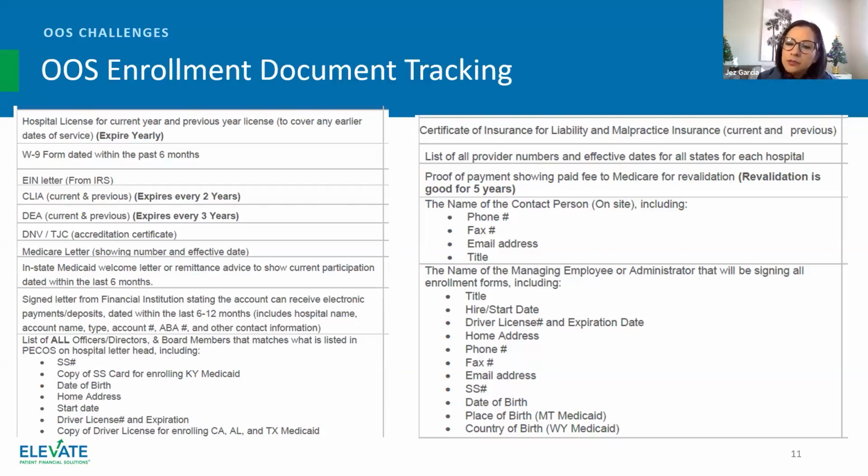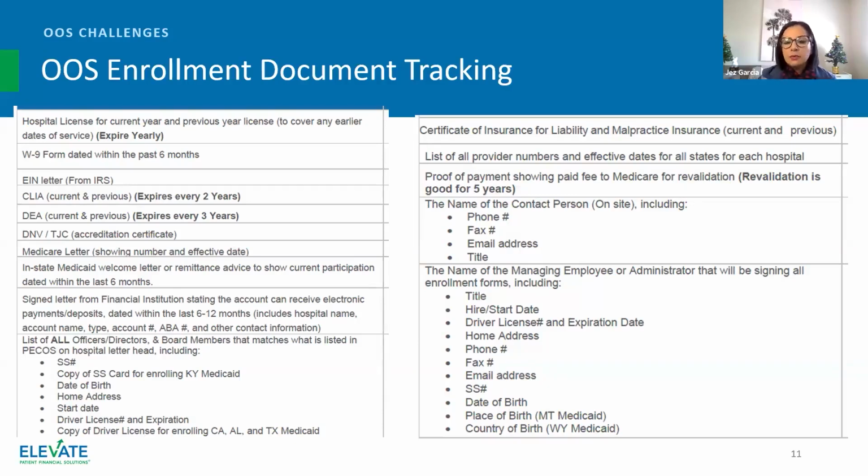The other key thing when it comes to enrollment is making sure that your PECOS registration, so your Medicare enrollment, has your board of directors up to date. Are they really still there? Are they really still managing that process?